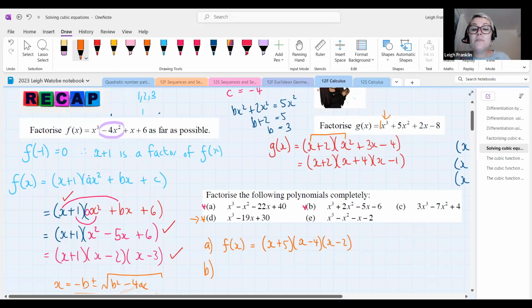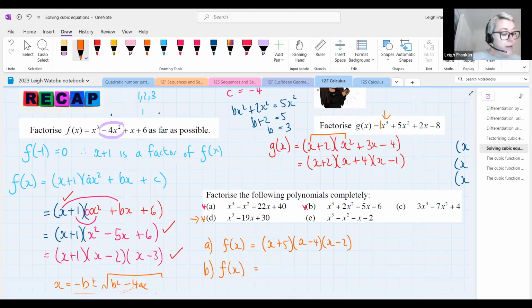Okay, as far as B was concerned, let's call that f of x as well. Leanne shared her answer for D, so let's just work out what B was.